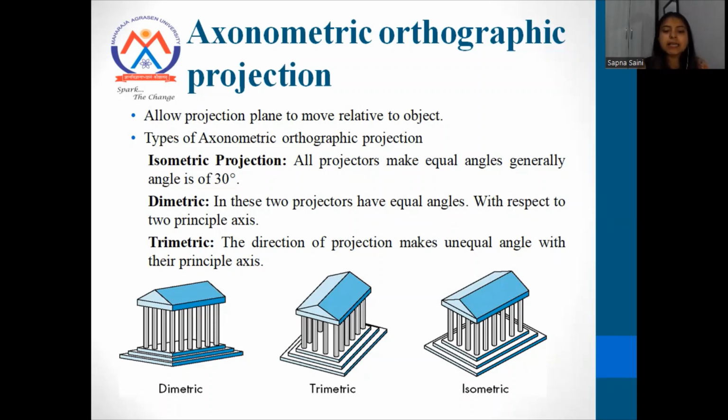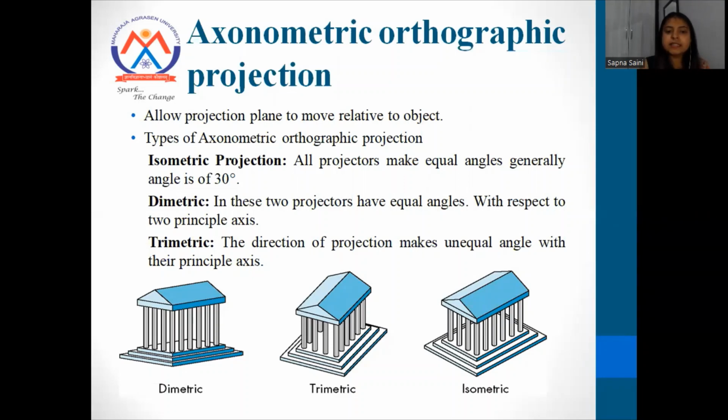One is isometric projection. In isometric projection, all the projectors make equal angles. Generally, the angle is 30 degrees. As you can see in the isometric projection, the third figure, the object is making a 30-degree angle with the center of projection.